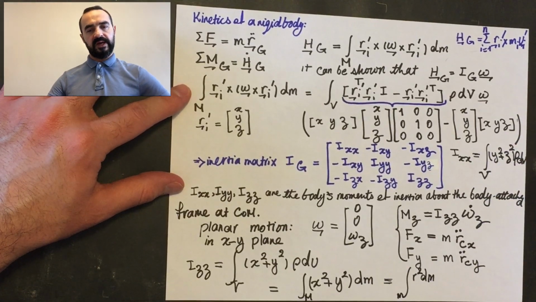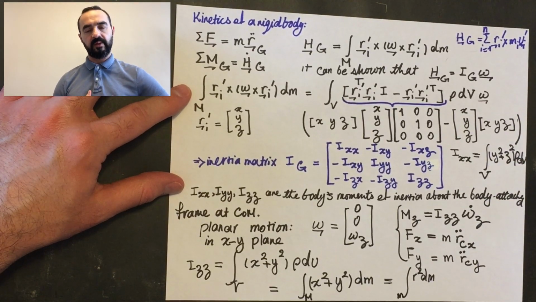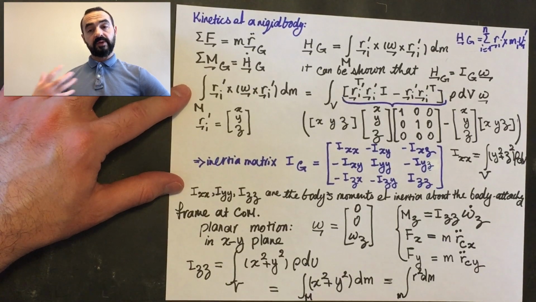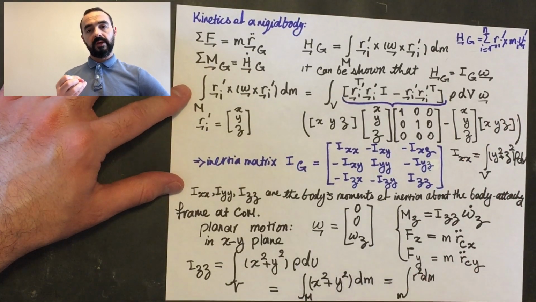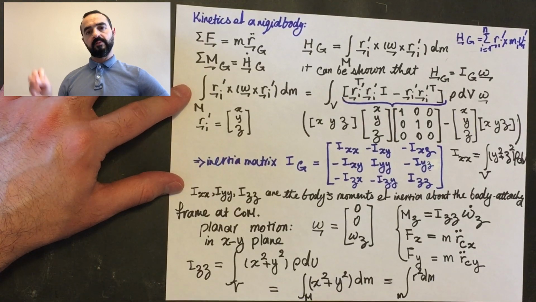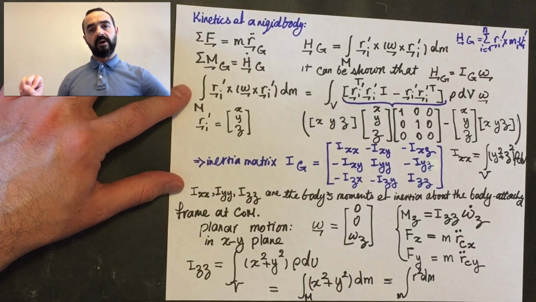Now let's say I define a hypothetical mass, and the total mass of my hypothetical mass is equal to the mass of this rigid body. So if the total mass of this rigid body is m, then my hypothetical mass is also m. But I concentrate this mass at a point as far as r from the origin.